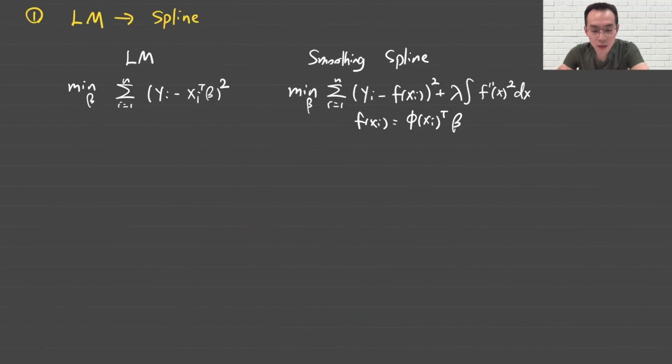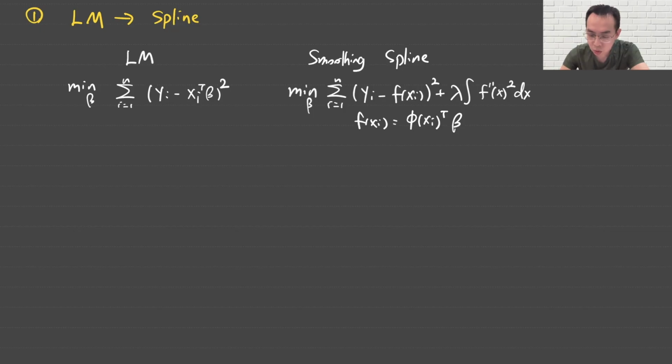Okay, so now let's take a look at the first step, to see how we generalize the linear models into nonlinear curve fitting with the spline function. For the linear model, the objective we have is this least square problem, whereas for the smoothing spline, we add a curvature penalty term besides this least square term.